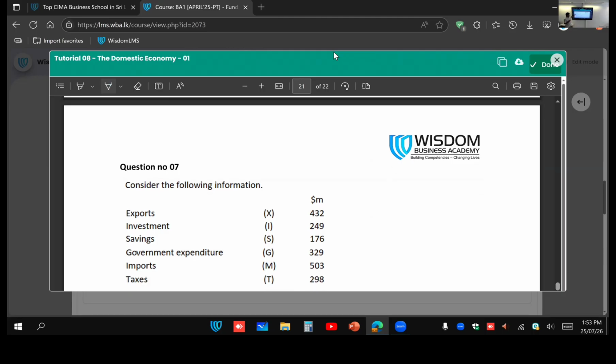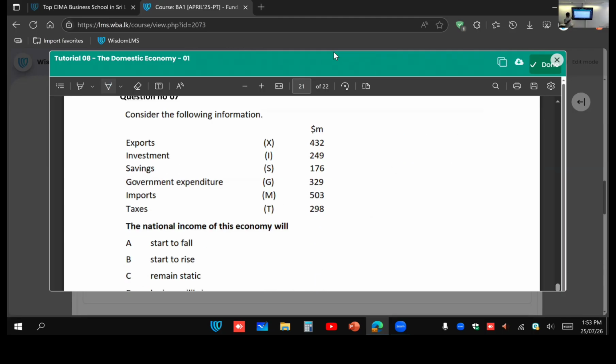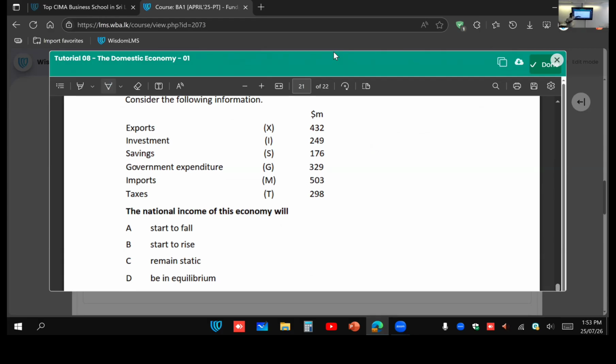Right. Here you have to consider the following information. So several components given. What are these components, guys? Factors affecting price elasticity of demand. Then these factors. Exports, investment, savings.